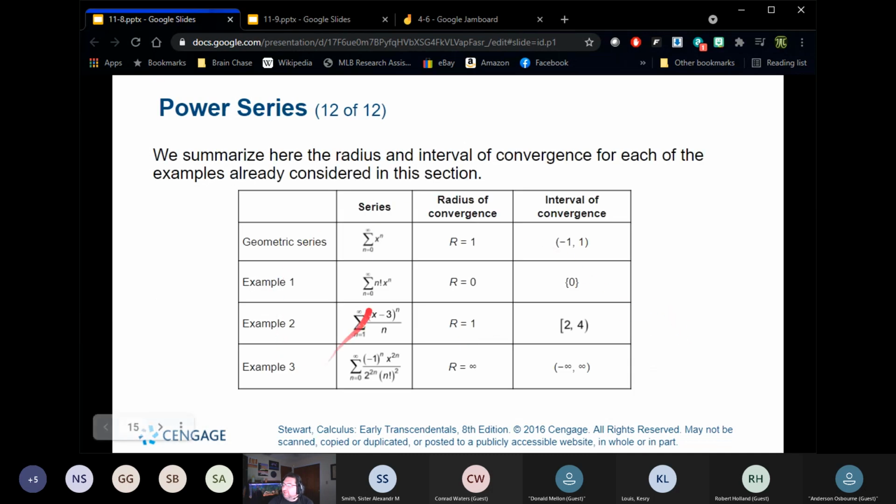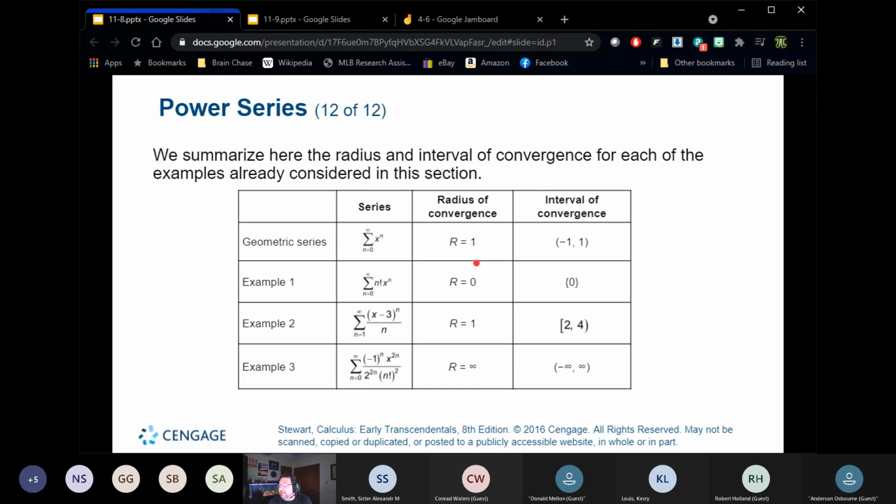So here are a few examples that we saw. The geometric series, that was x to the nth power. Its radius of convergence is 1, and its interval converges from -1 to 1. And that we know from what we did before with the geometric series. The first example we looked at, the radius of convergence was 0. There was no change in it, and the only value that works is 0.